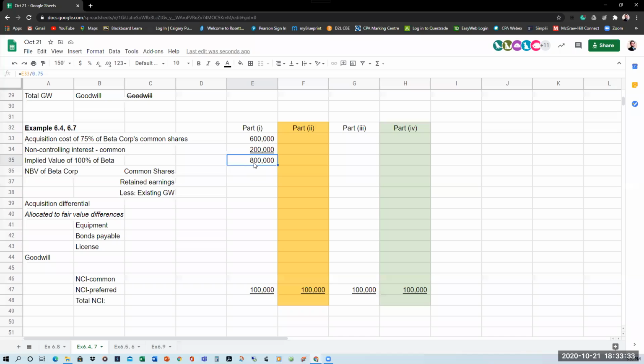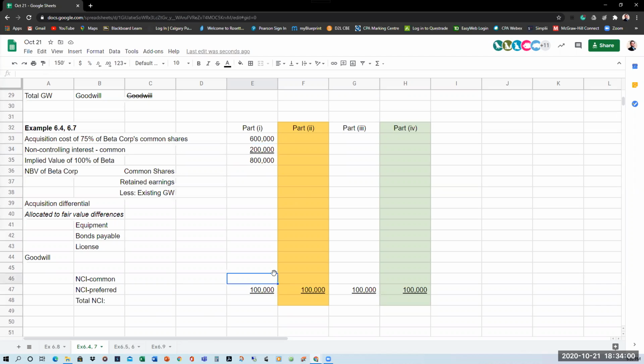And then 25% of 800,000 is 200,000. So you don't want to multiply 25% of 600,000, because the 600,000 is actually equal to just 75%. 75% is 600,000, 25% will be 1/3 of that, 200,000.